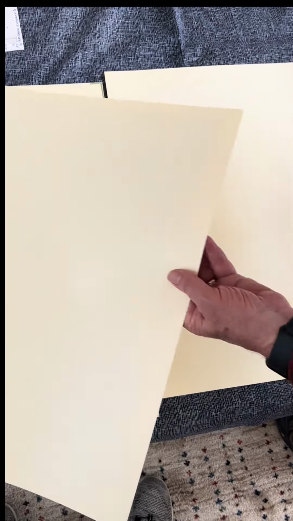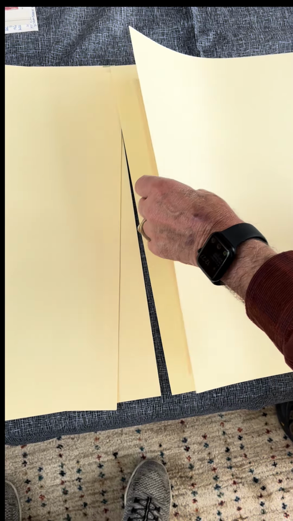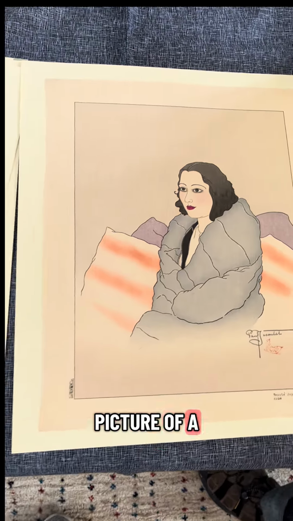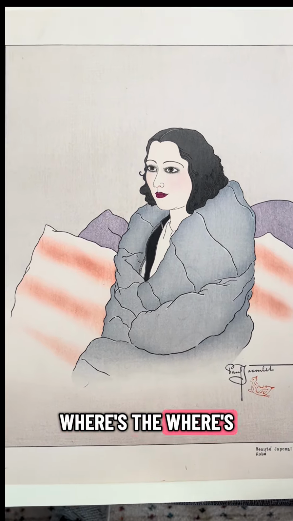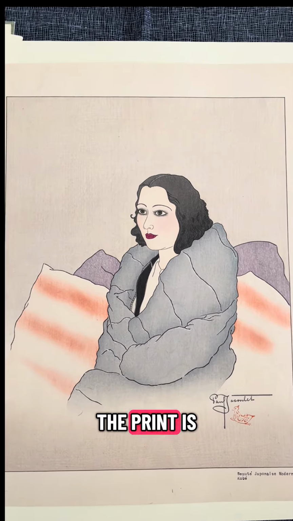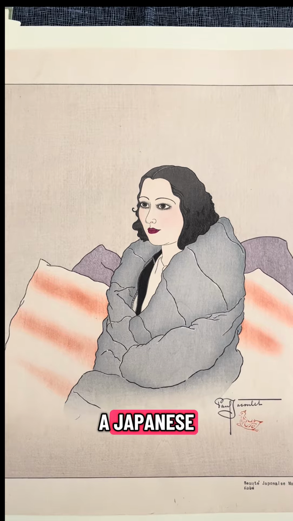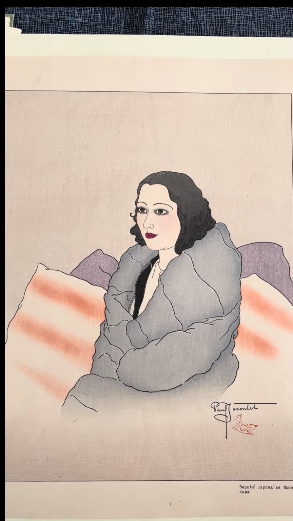In contrast, this is a picture of a very socially acceptable woman. Where's the challenge here to society? The title of this print is A Modern Japanese Woman from Kobe, the city of Kobe.